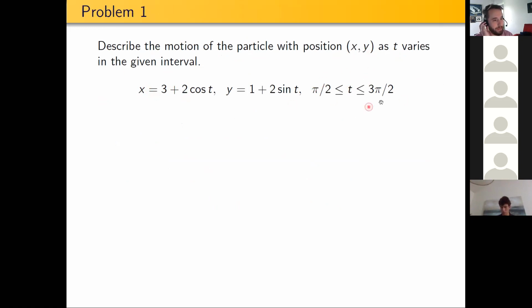We have this interval of time here, and then we're given these x and y parametric equations. One thing I did in the video, which I'll do again here, is point out that we can explicitly graph x as a function of t, and we can graph y as a function of t.